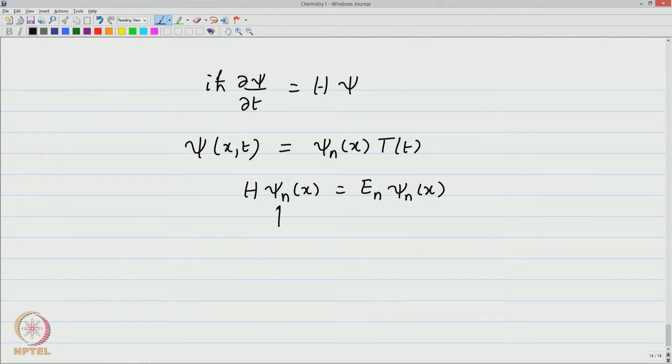Therefore, these are root 2 by L sin n pi x by L, and E n is h square n square by 8 m L square.